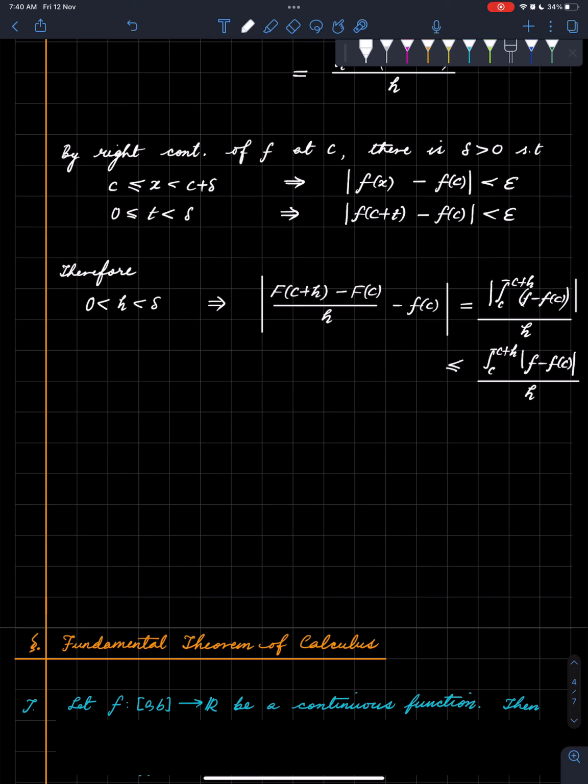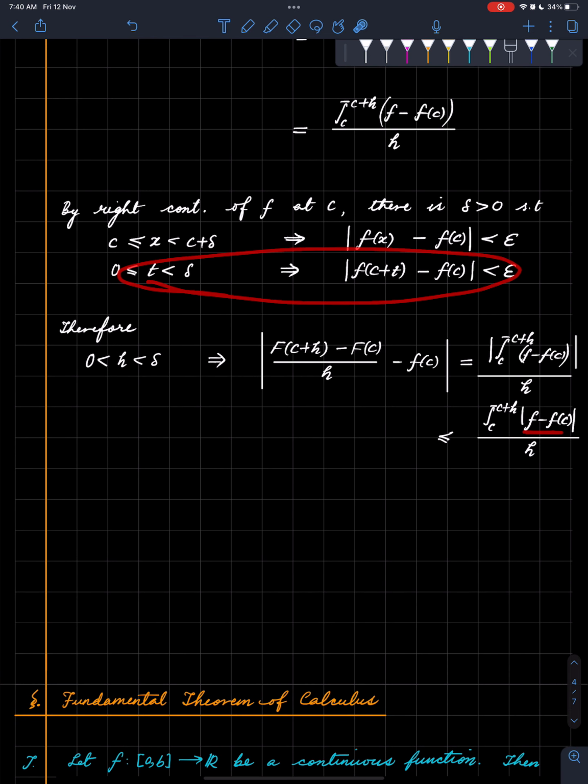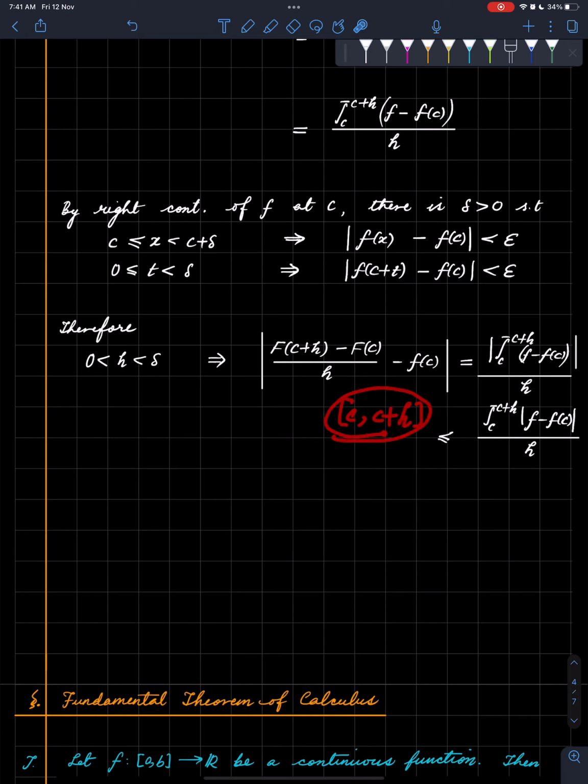Okay, but now look at this function, f minus f of c. This function, if you look at this line, is at most epsilon, in fact strictly less than epsilon, in this entire closed interval c to c plus h. Or maybe just in the open interval, doesn't really matter, in this entire open interval this function is less than epsilon.